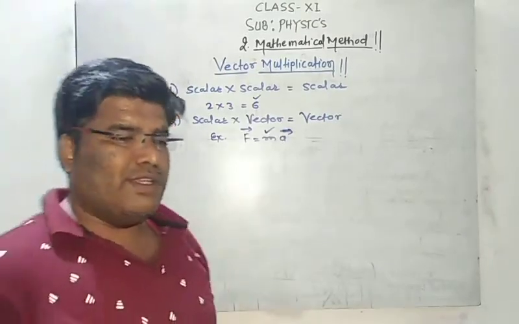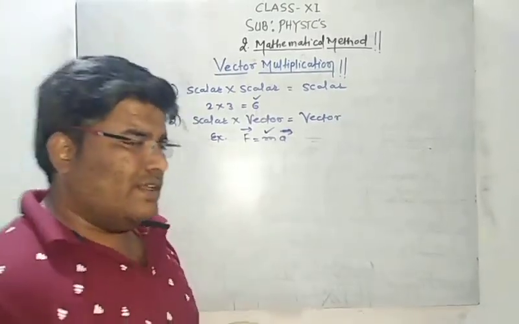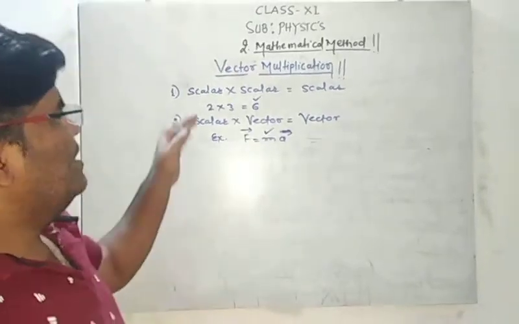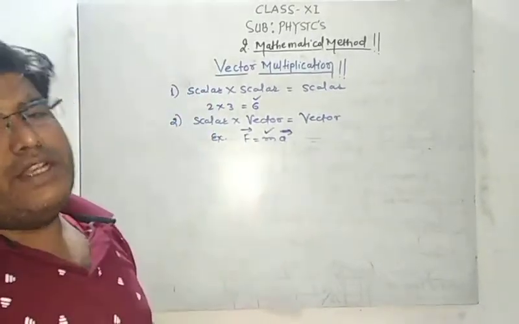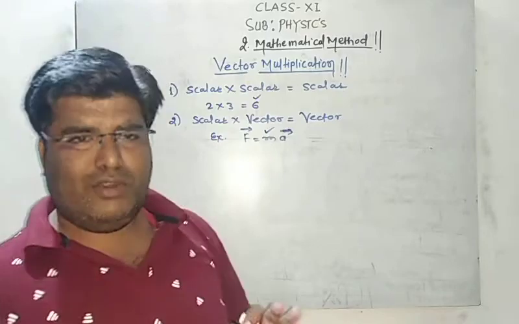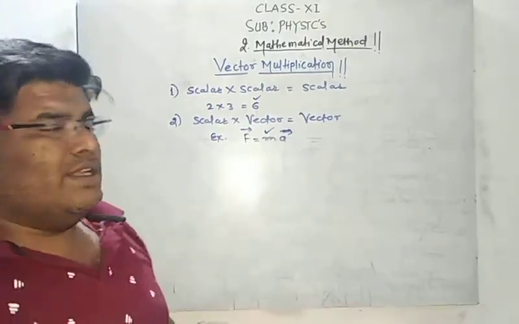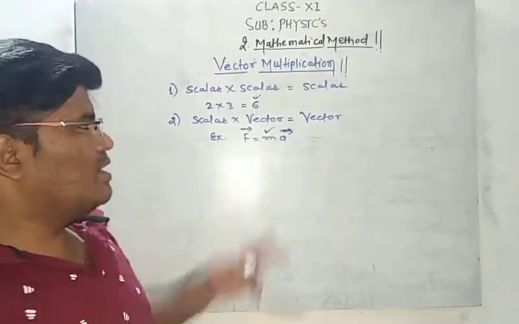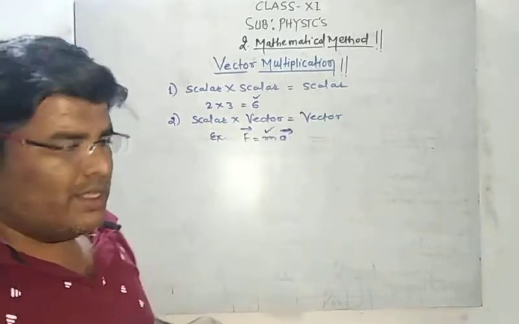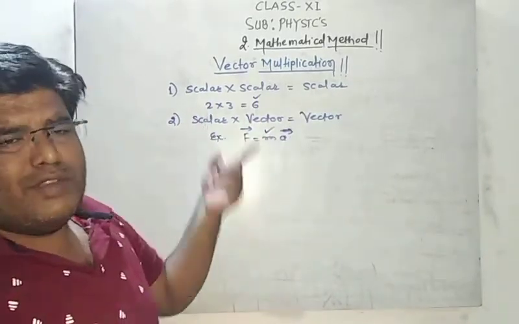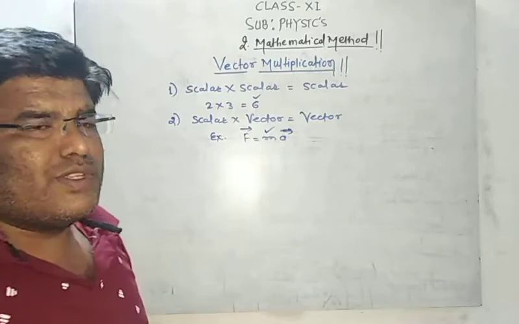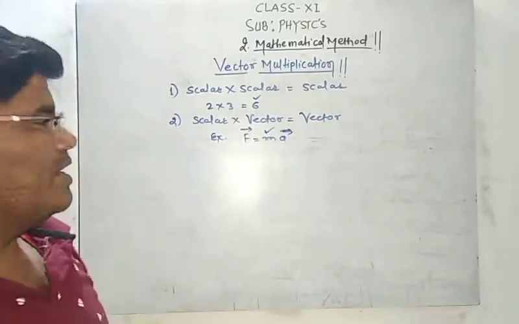Vector multiplication. You all know that if there are two scalar quantities, then the product of these two scalar quantities is a scalar quantity, right? For example, 2 multiplied by 3 is equal to 6, so 6 is also a scalar quantity.